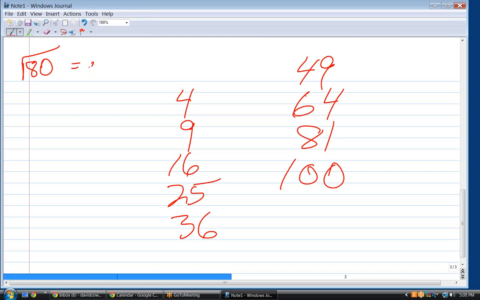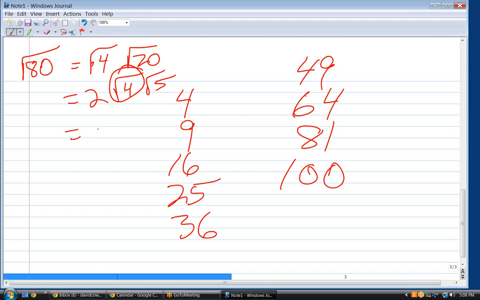Yeah. That's okay. In other words, it'll work regardless. Well, what's the square root of 4? 2. But square root of 20 is actually square root of 4 times square root of 5, right? Yeah. So I can bring another 2 out. So I have 2 times 2. So square root of 80 is actually 4 times square root of 5.